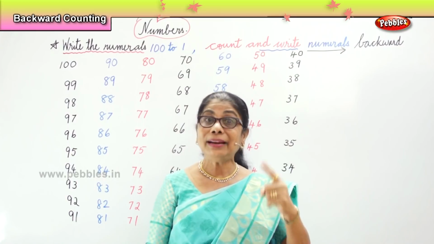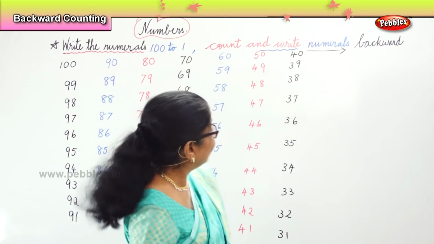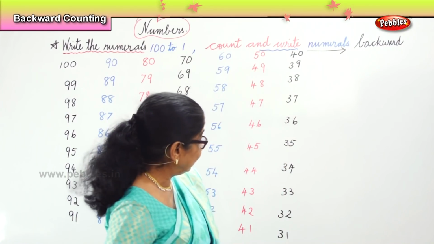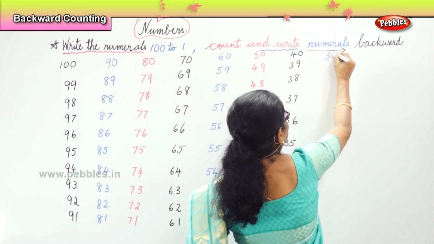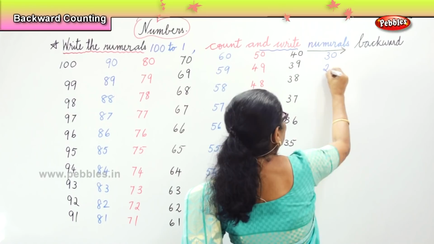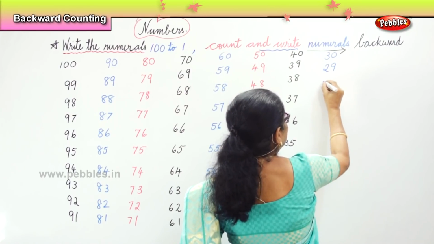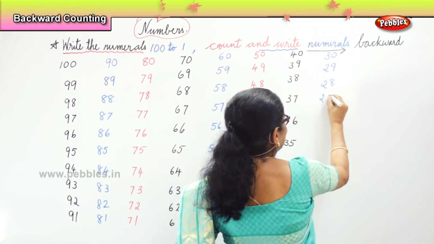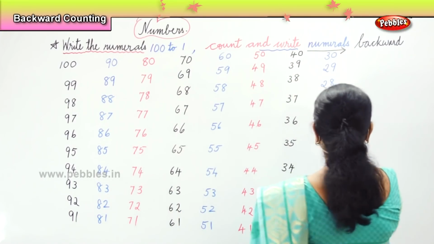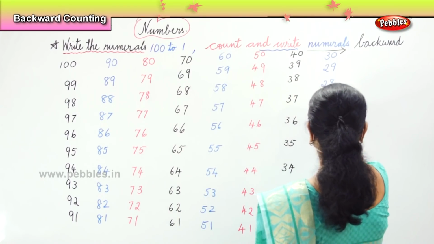What is the next number? Next numeral? 30. You get 30. One less. 29. One less. 28. One less. 27. One less. 26.